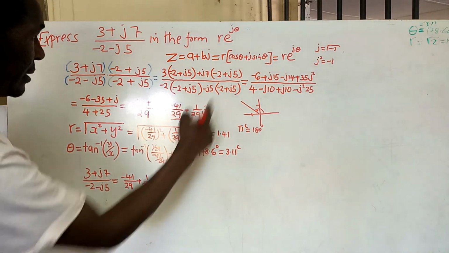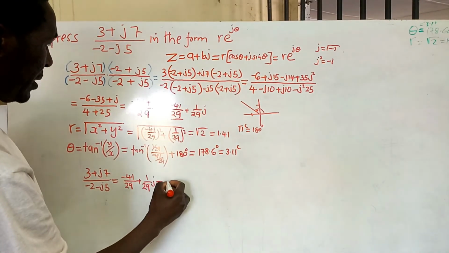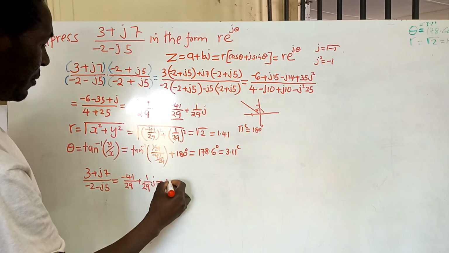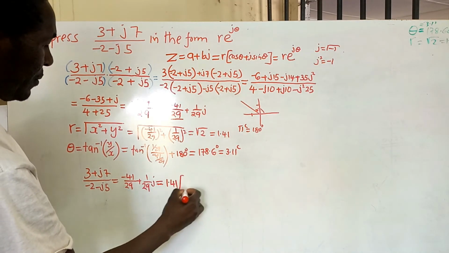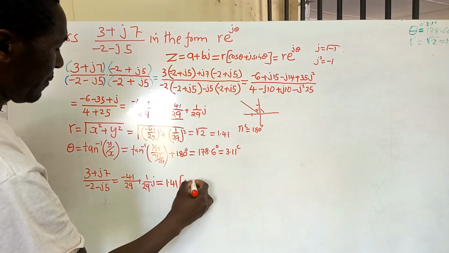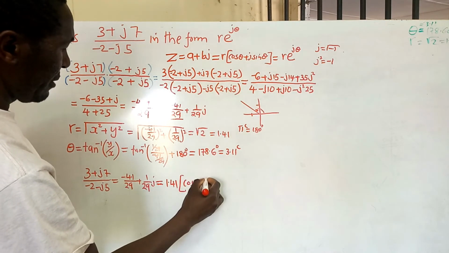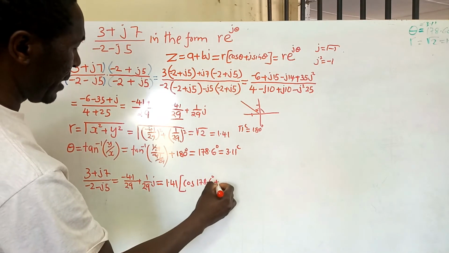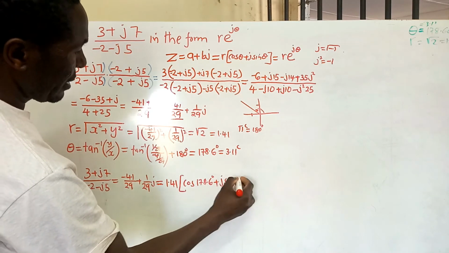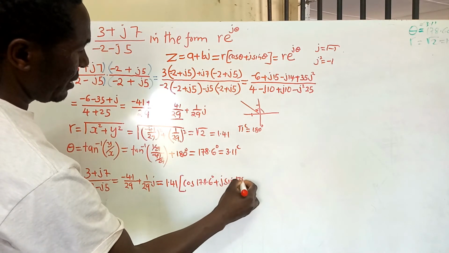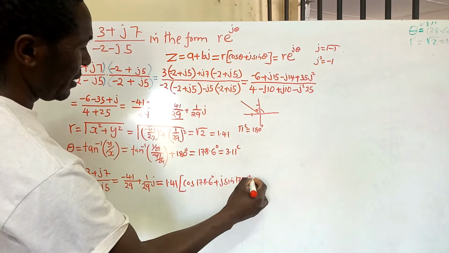You can write it as polar form, which is 1.41 into cosine of 178.6 degrees plus j, the sine of 178.6 degrees.